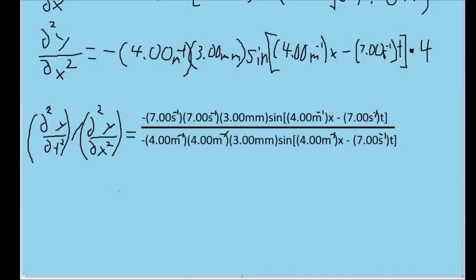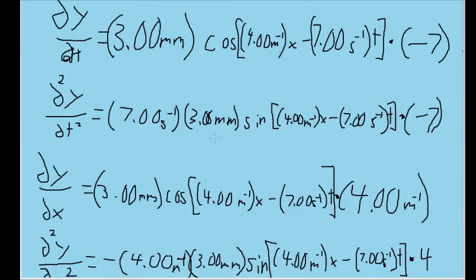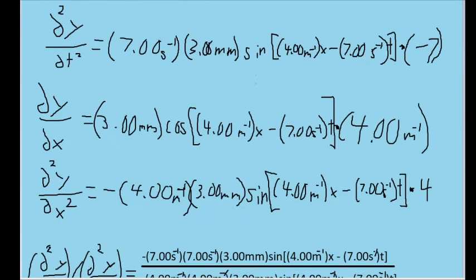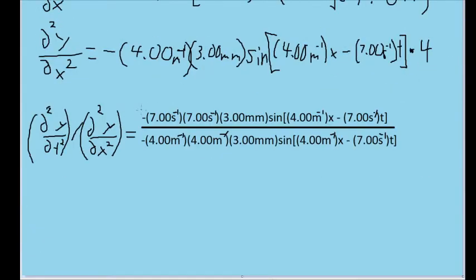Alright, so here I've written out the second partial derivative of y with respect to t divided by the second partial derivative of y with respect to x in a much more clear manner. And these are the second partial derivatives we found in the previous steps up above.